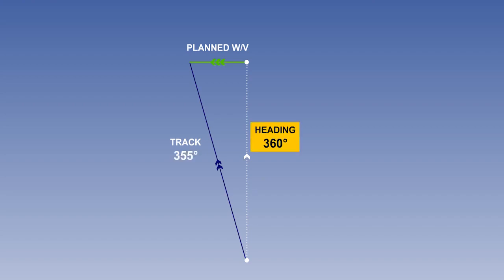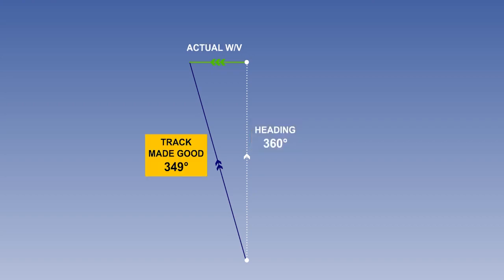Take the previous example, where the planned track was 355 degrees. We calculated that the track error was 6 degrees. Now suppose that the heading we planned before the flight, using the forecast wind, was 360 degrees. Our track made good, which, if you remember, is the path we have actually flown over the ground, was 349 degrees.